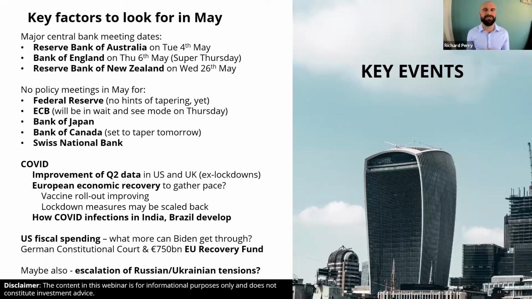So for countries such as, as I said, Brazil and India, that's an issue, but also in the Eurozone as well. Now, in the Eurozone, what you do have is a ramping up of the vaccination program at the same time. So you've got rising COVID cases, but also rising vaccines. So at some stage, the rising vaccines will hopefully start to limit the rising COVID infection rates.